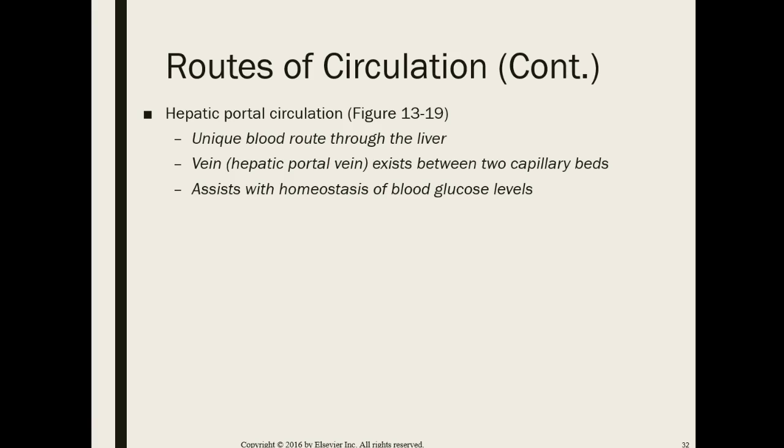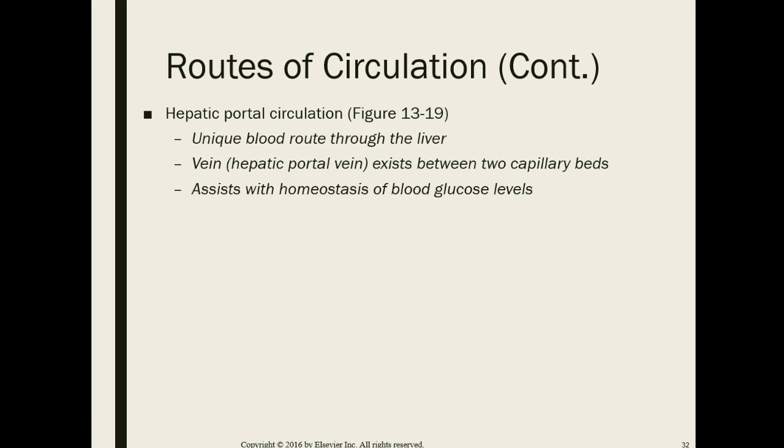Another type of circulation that we'll talk about is hepatic portal circulation, and this refers to the blood route through the liver. So in this circulation, the veins from the spleen, stomach, pancreas, gallbladder, and intestines do not pour their blood directly into the inferior vena cava.